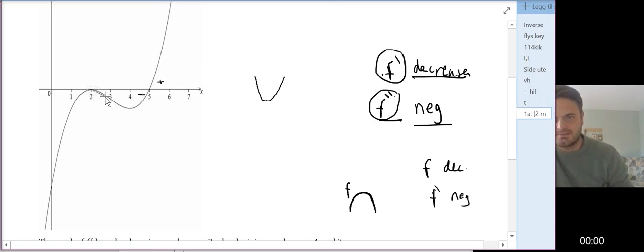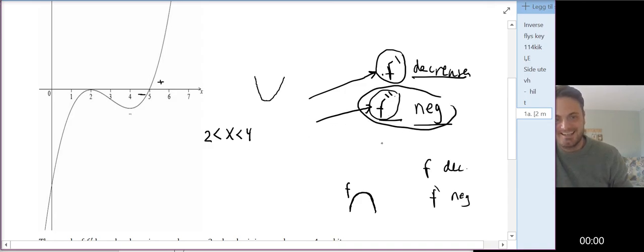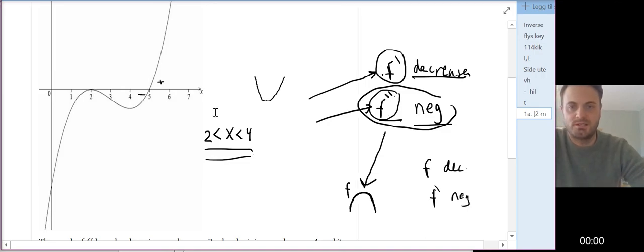That's when x is between 2 and 4. So when x is between 2 and 4, we see that f derivative is decreasing, which means that the second derivative is negative. And if the second derivative is negative, then the function is concave down. So the answer is that x has to be between 2 and 4.